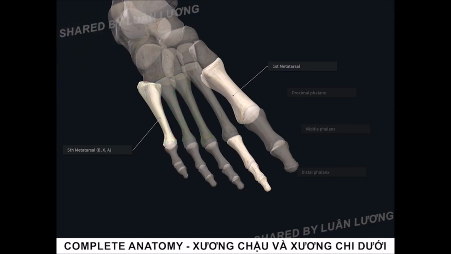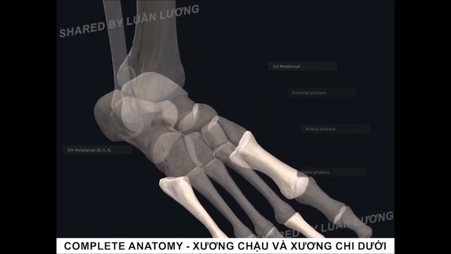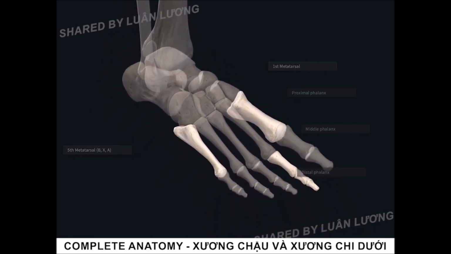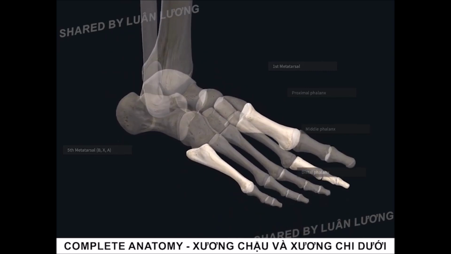So the fifth metatarsal is going to be with our small digit, or otherwise known as the pinky, and this would be on the lateral aspect of our foot. And you'll see that there's a difference in appearance of this fifth metatarsal compared to the other metatarsals. And that extension on the lateral aspect of this bone is for muscle attachments from the lateral aspect of our leg.